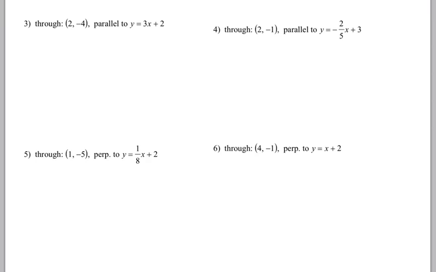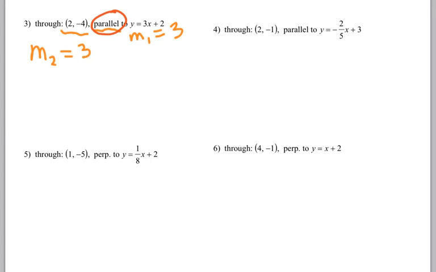For number 3, we try to find the linear function passing through the point (2, -4), parallel to the given linear function y equals 3x plus 2. So I get m1 equals 3, and then m2 will be equal to 3 because it's a parallel line.